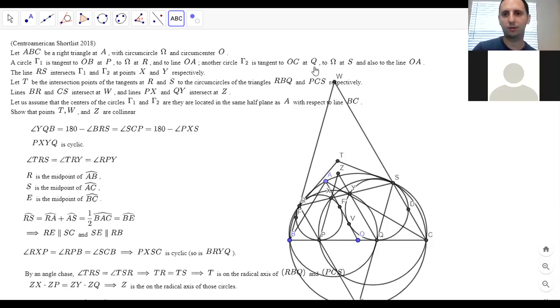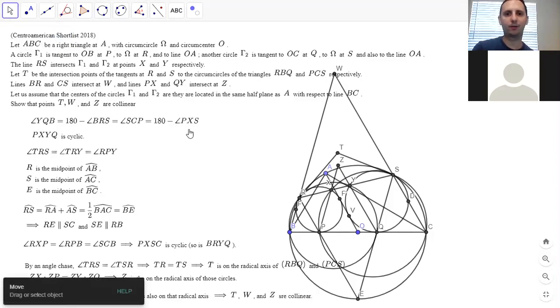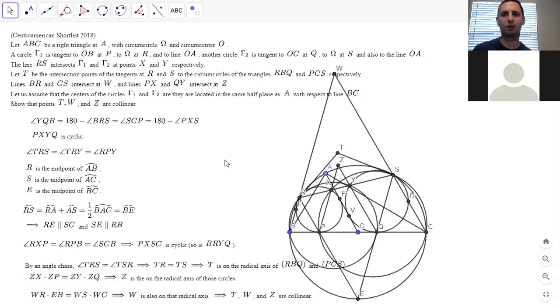Sharygin is usually on the easier side compared to the problems we've done recently. But yeah, it's getting harder to find difficult problems. So if you guys know of good contests, please let me know.